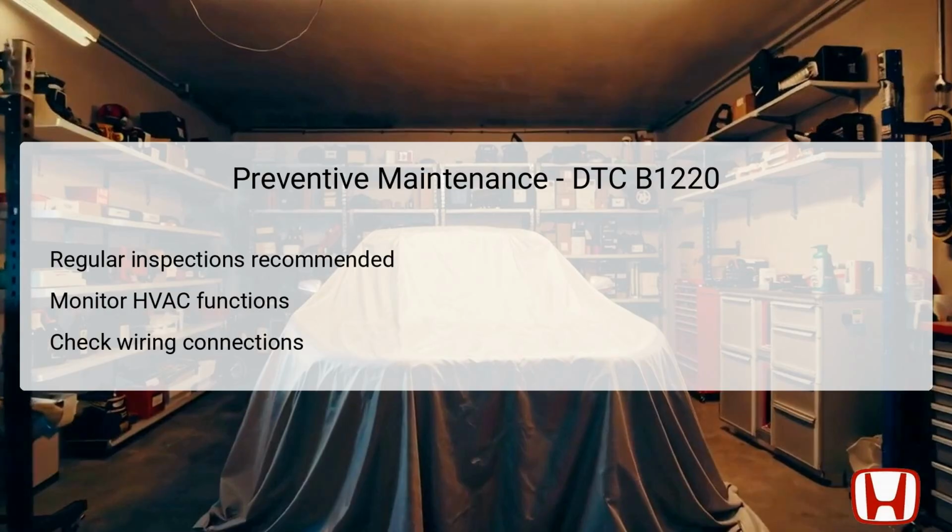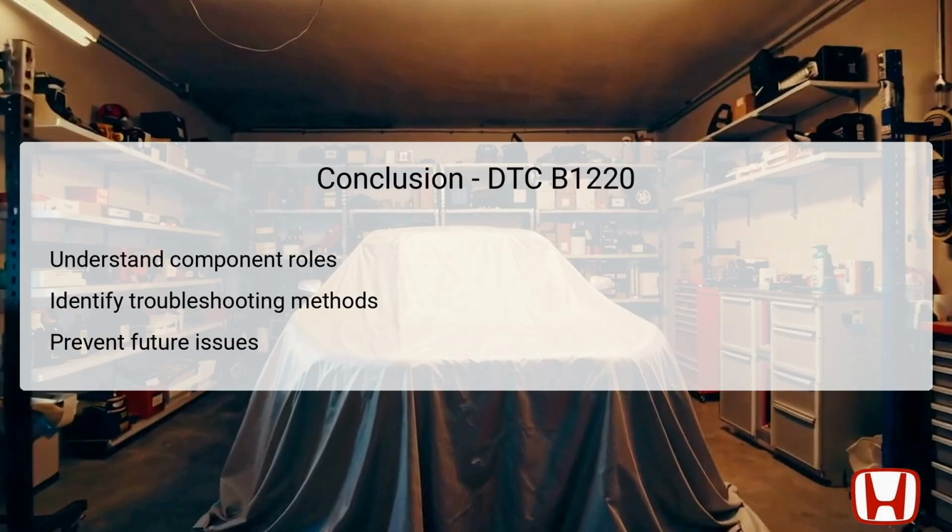In summary, understanding the root causes and symptoms associated with DTC B1220 is essential for efficient troubleshooting on the 2023 plus Honda Accord model. Identifying and checking the roles of the recirculation control motor, climate control unit, and associated wiring are crucial initial steps towards diagnosis.